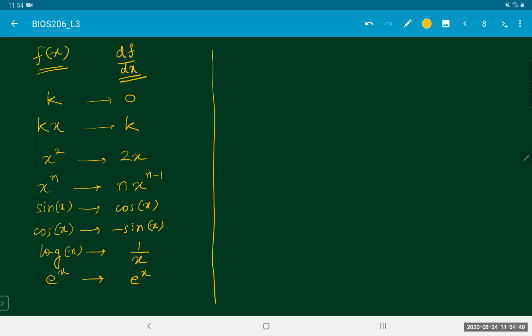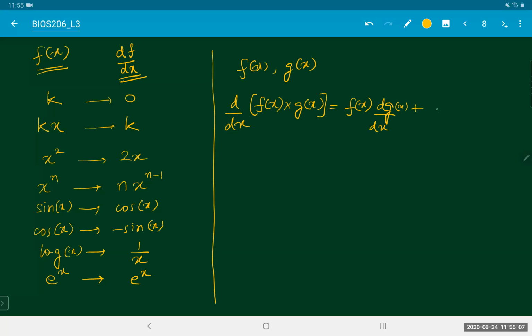Then there are some interesting results, like suppose you have two functions f and g, and you want to take the derivative of f times g. Then this is given by f of x times the derivative of g plus the derivative of f times g. So you take the derivatives one at a time.